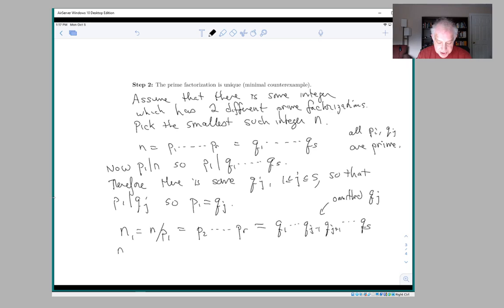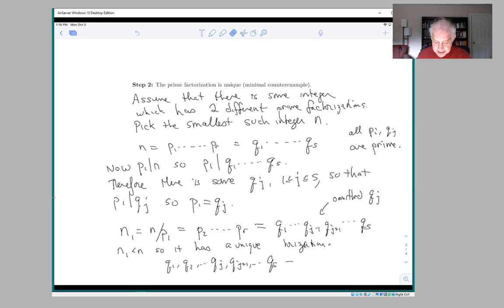Now, n1 is smaller than n, so it has a unique factorization. Remember, n was the smallest number which didn't have a unique factorization. And that means that q1, q2, up to qj minus 1, qj plus 1, up to qs has to equal, I mean, I shouldn't use set braces here because some of these could be the same. They're not all different.